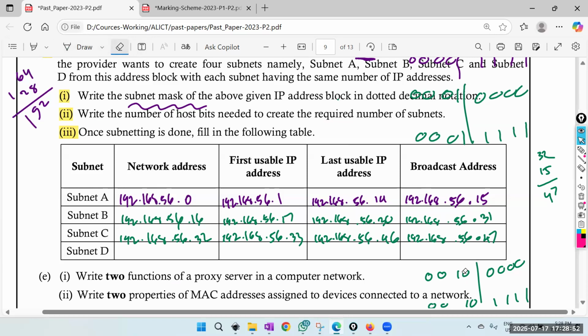Right, last one is 11, because those are the 4-bit patterns available, right? So then this is 192.168.56.48, that is 32 plus 16, 48. The last one is 1, 2, 4, 8, 16, 32, 64 minus 1, 63.